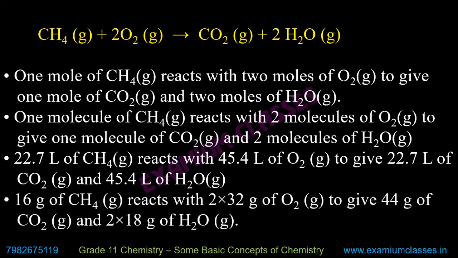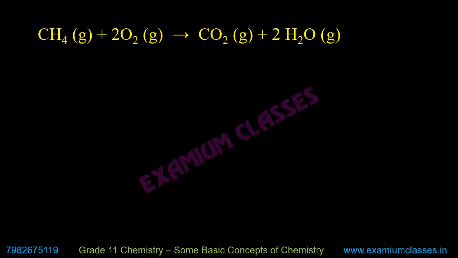Then you can say it in terms of mass also. For that, understand it. This is 1 mole, 2 moles, 1 mole, 2 moles. Now you can convert moles to mass. How do you do the conversion? Number of moles multiplied by molar mass.